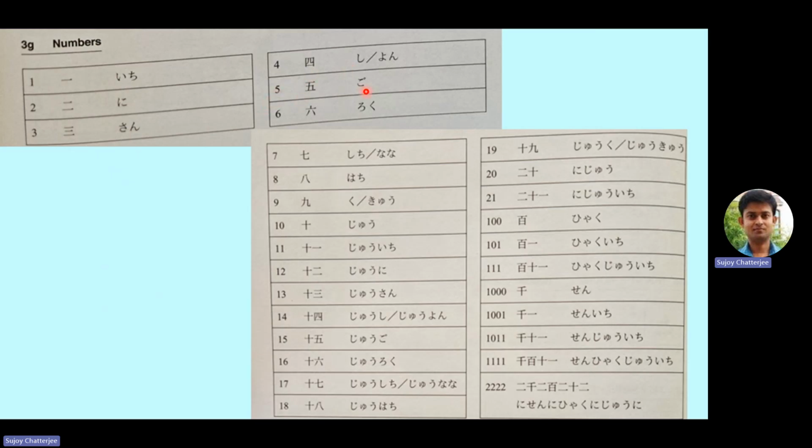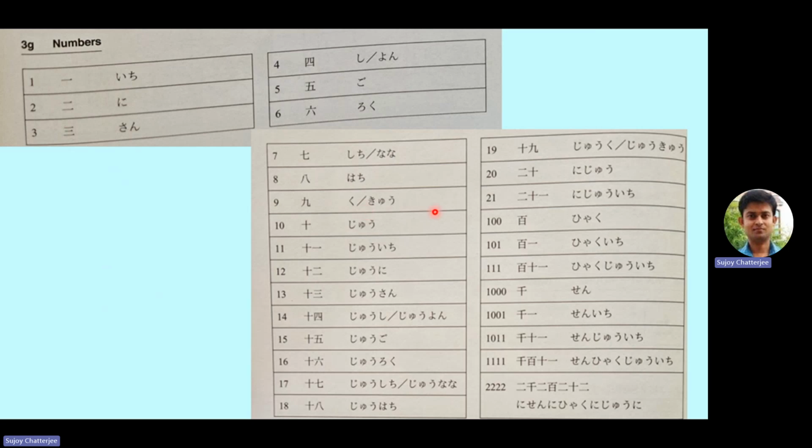5 is go, 6 roku, 7, again there are two words for 7, shichi and nana. Both can be used, though in certain places only one is used, which is very rare. In general you can use either of these, shichi and nana, for 7. 8 is hachi. 9 again has two words, ku and kyu.